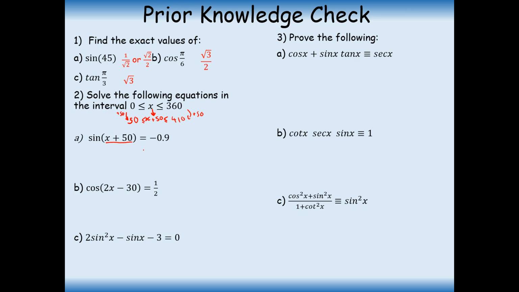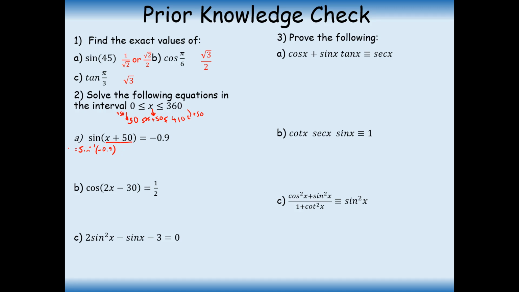So then what you can do is use your calculator. These answers are in degrees, so make sure your calculator is in degree mode, and you take sine inverse of negative 0.9. We write sine inverse of negative 0.9 to be x plus 50.